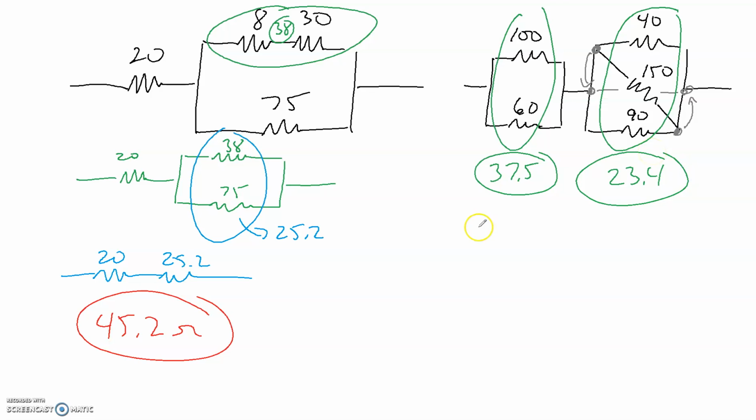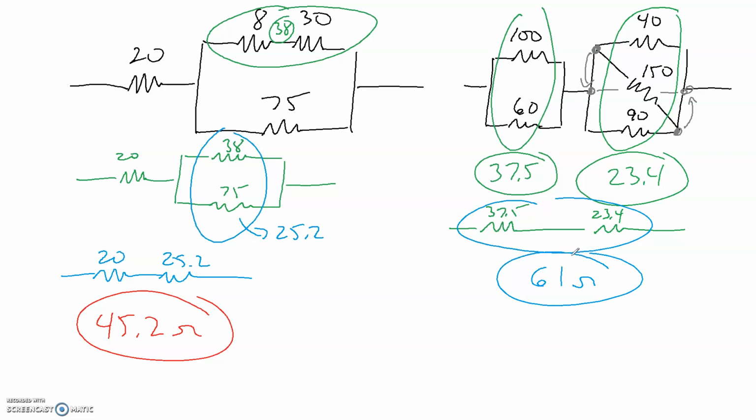All right, so I could redraw this as two resistors, this one being 37.5, this one being 23.4, and of course they're just basically in series with each other, so I just have to add them up. So I've got the 37.5, add that to the 23.4, put the two together, and, well, we'll just round off, these two put together are around 61 ohms altogether.